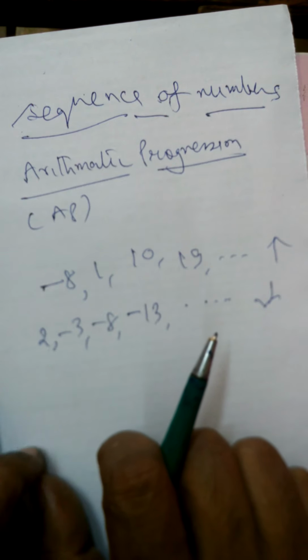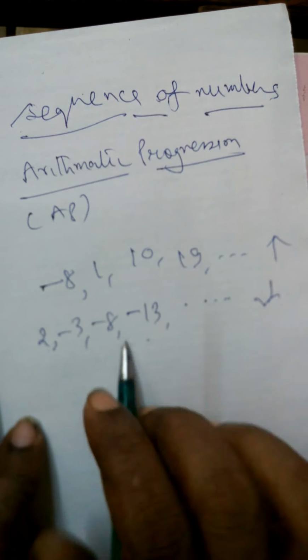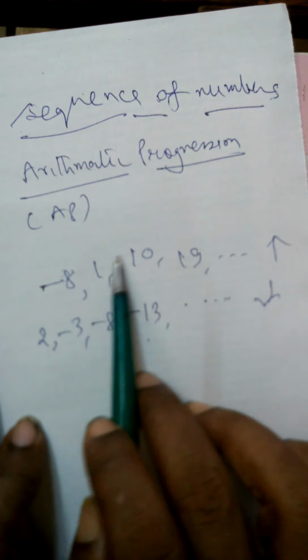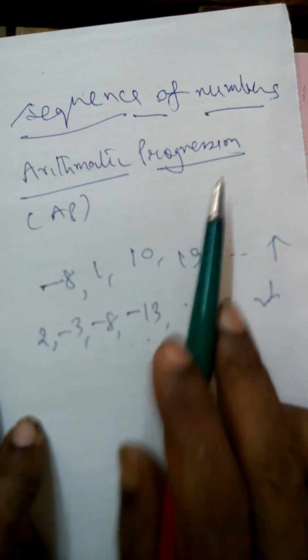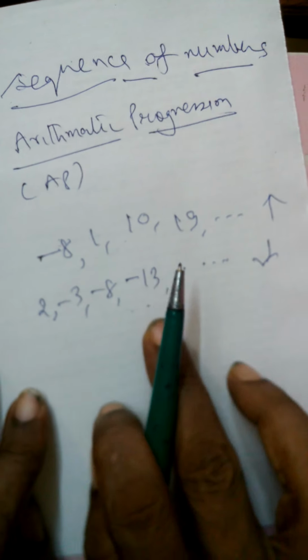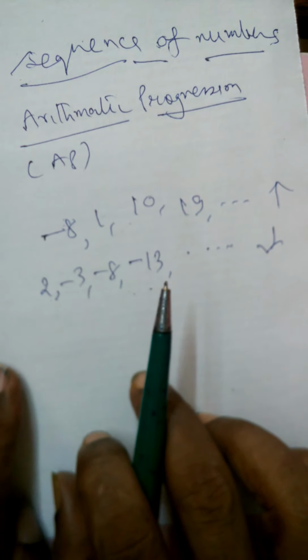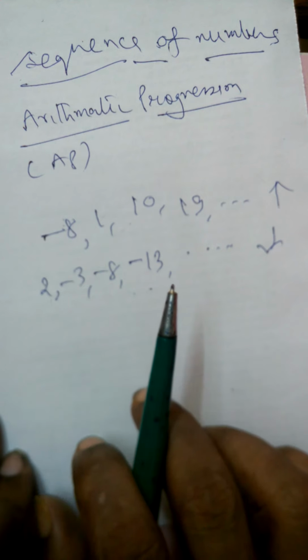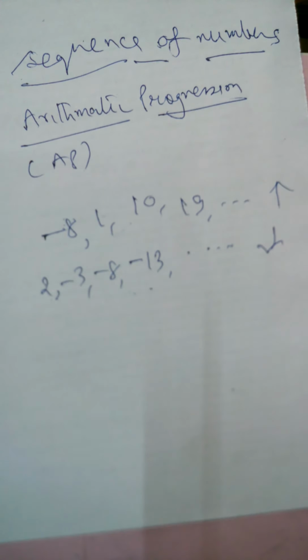So now the gap is -5. The previous one was +9, positive, so it is increasing, and the next one has gap -5, so it is a decreasing AP.